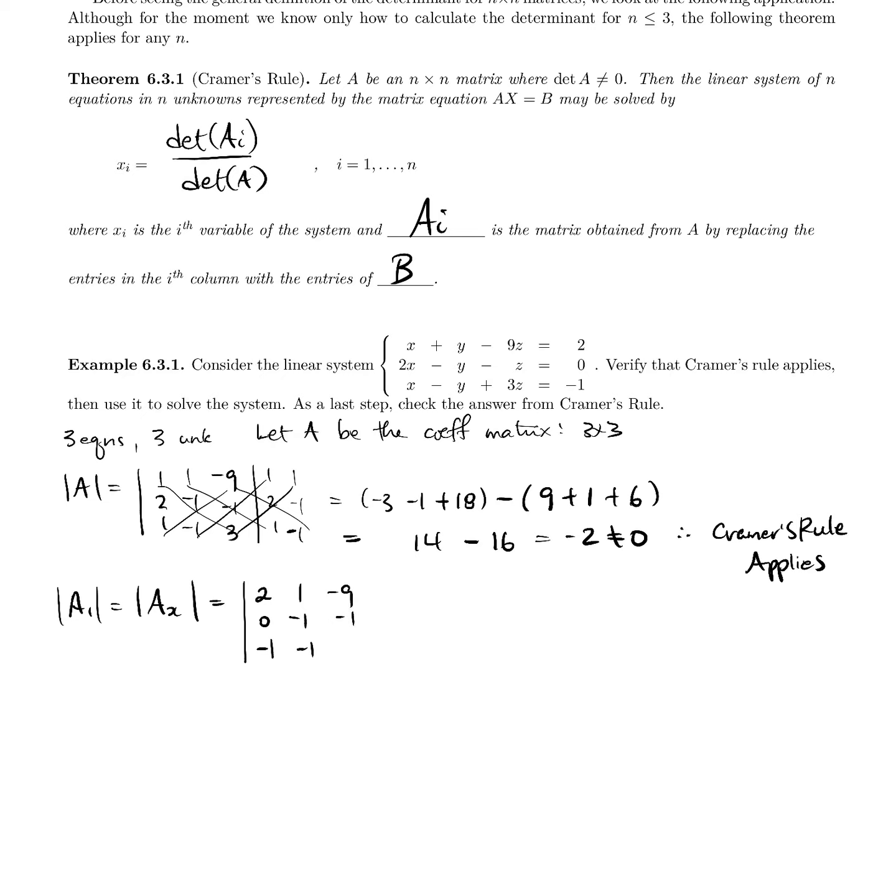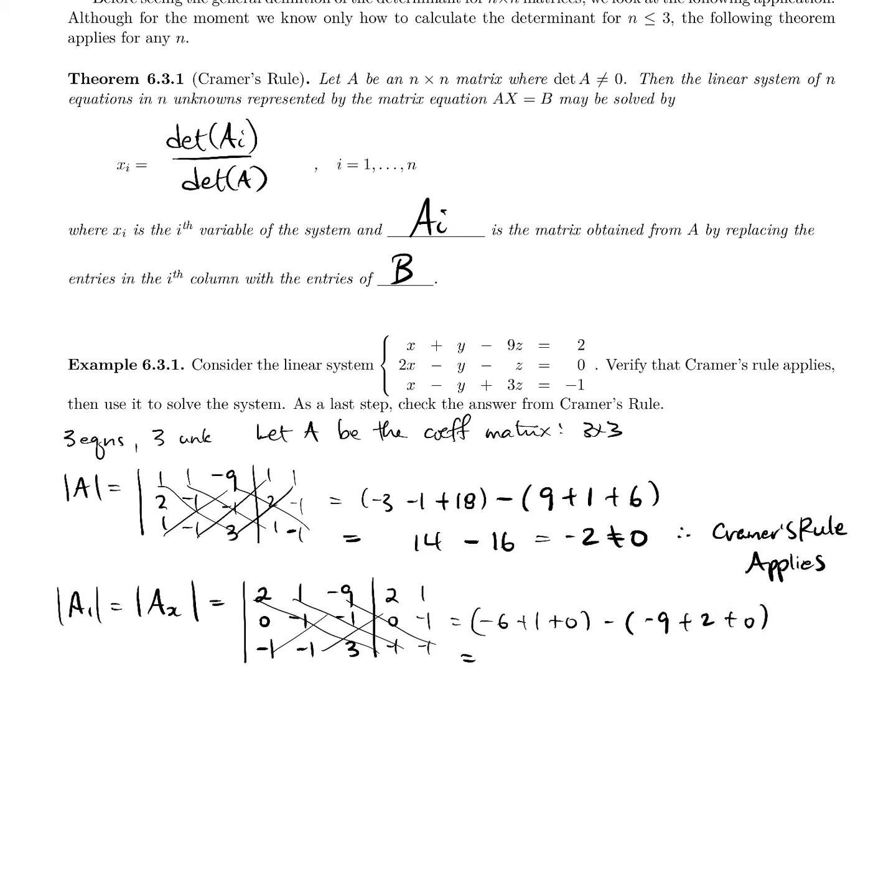I'm going to calculate this determinant because that's what I need as my numerator here. I'll calculate this determinant again by recopying. And what do we get here? Minus 6 plus 1 plus 0 minus 3 minuses, so minus 9 plus 2 plus 0.